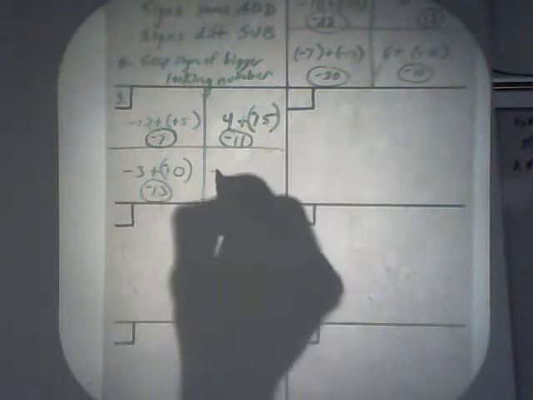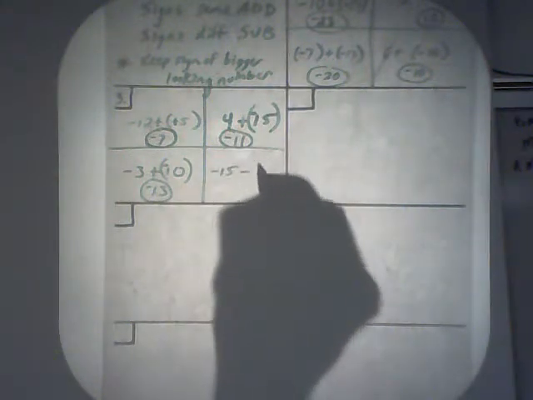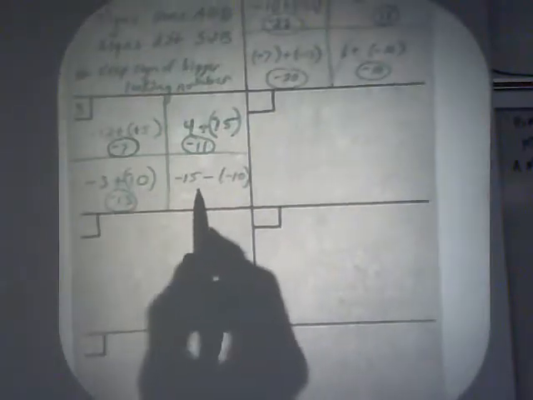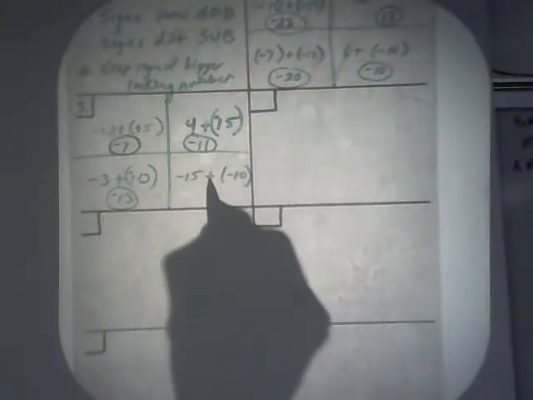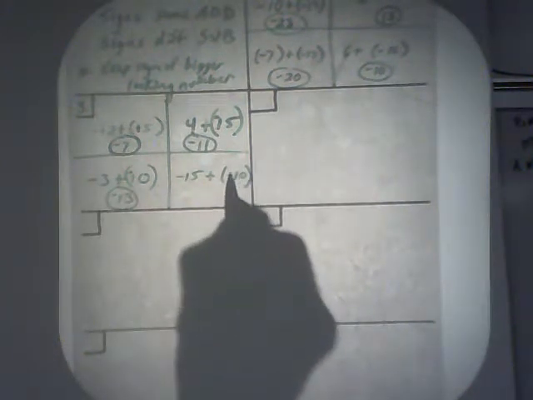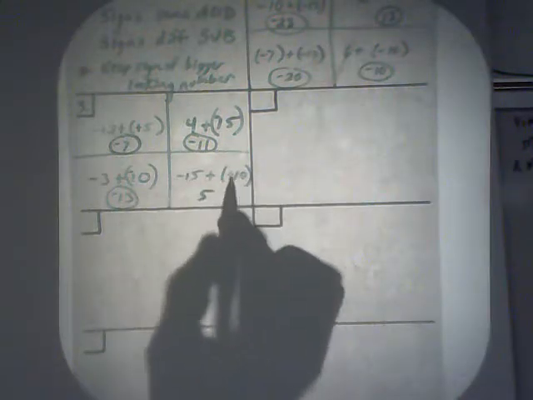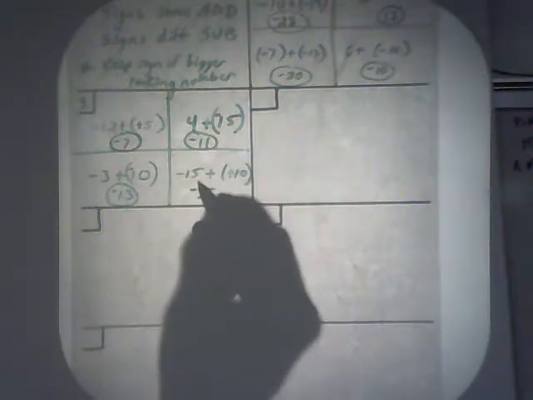I got -13. Okay, let's say I got -15 minus a -10. Do I ever want to subtract? No. Add. What's the opposite of -10? Positive 10. Signs are different, subtract. Keep the sign of the bigger looking number. I got -5.